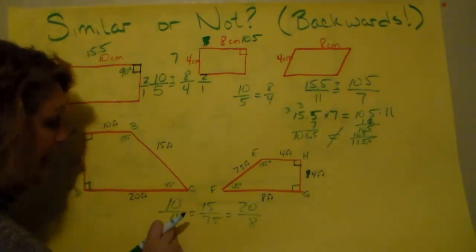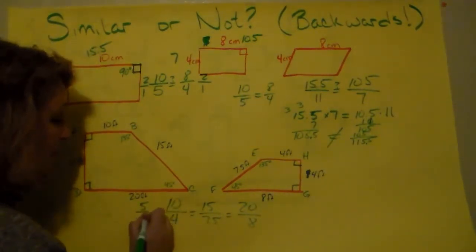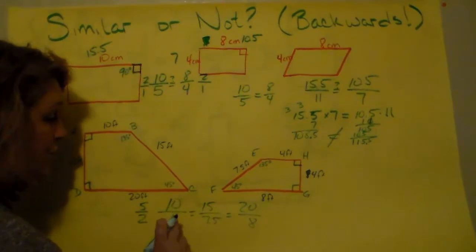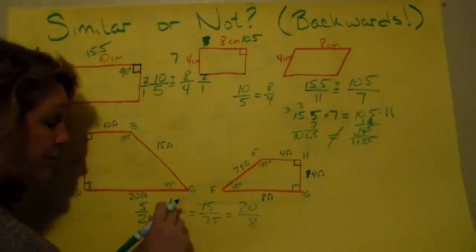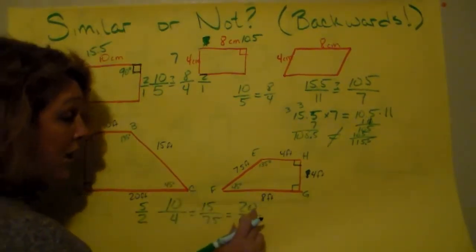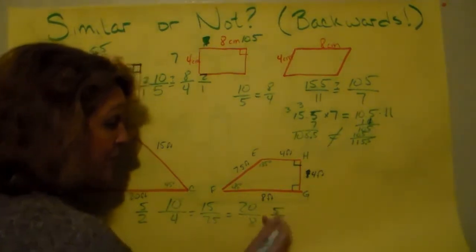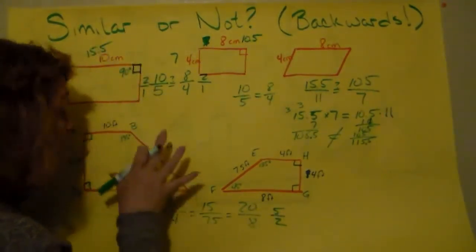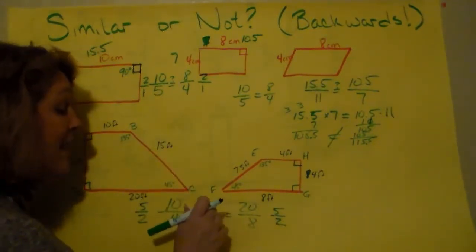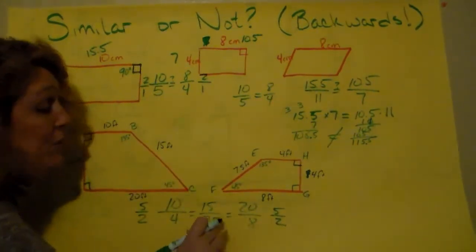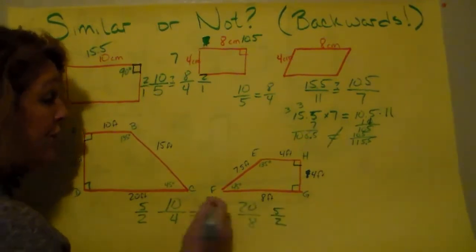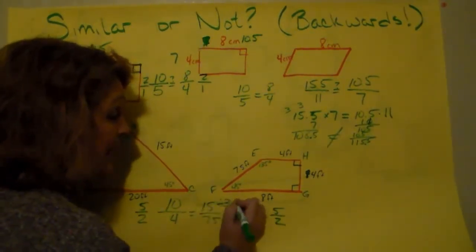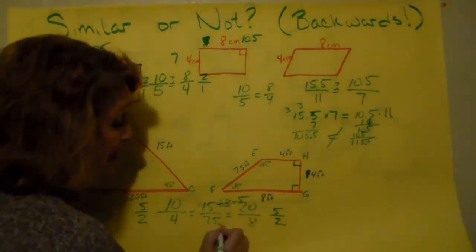If I reduce this, this becomes 5 over 2. 2 goes into 2, 2 goes into 10. 4 goes into 20 5 times. 4 goes into 5 2 times. So these two make it look like these are similar. Can I get 15 over 7.5 to equal 5 over 2? Well, this divided by 3 is 5, so this divided by 3.